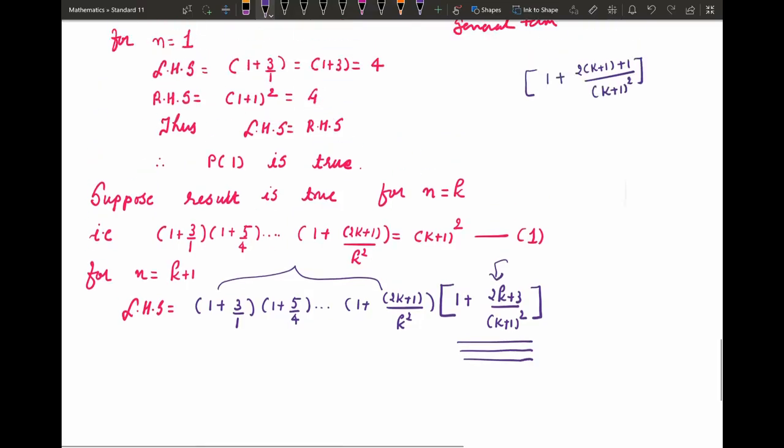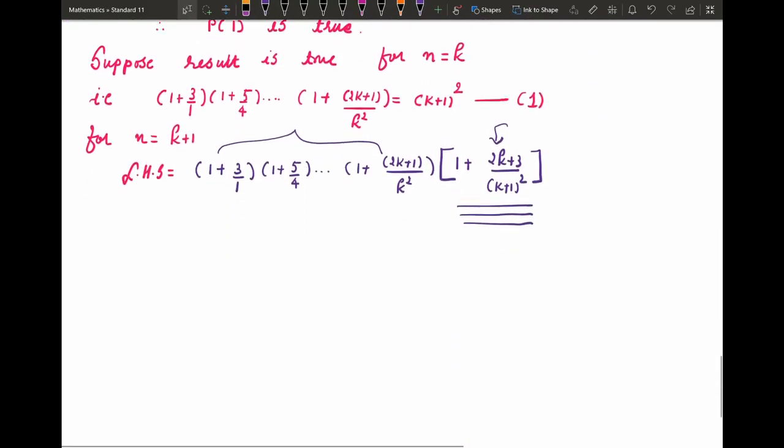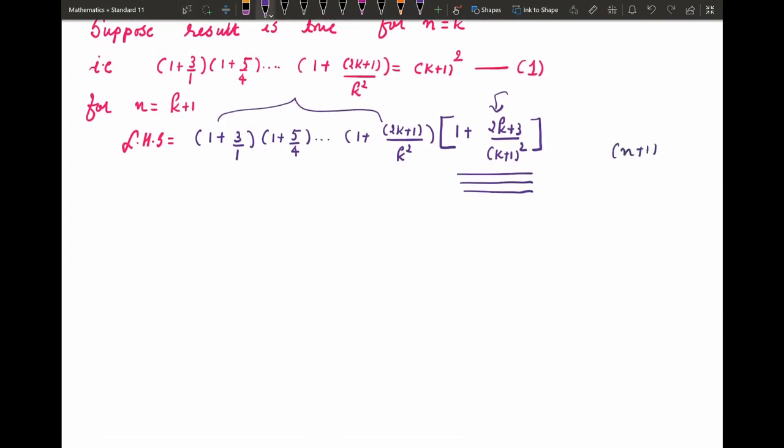Now to claim the right hand side, RHS, the actual RHS is (n plus 1) whole square. So for n equal to k plus 1, what is the RHS? You check this one. It will be (k plus 1 plus 1) whole square, so the simplification should be (k plus 2) whole square. If we are able to prove that the multiplication of this equals (k plus 2) whole square, then we can claim that it equals the RHS.